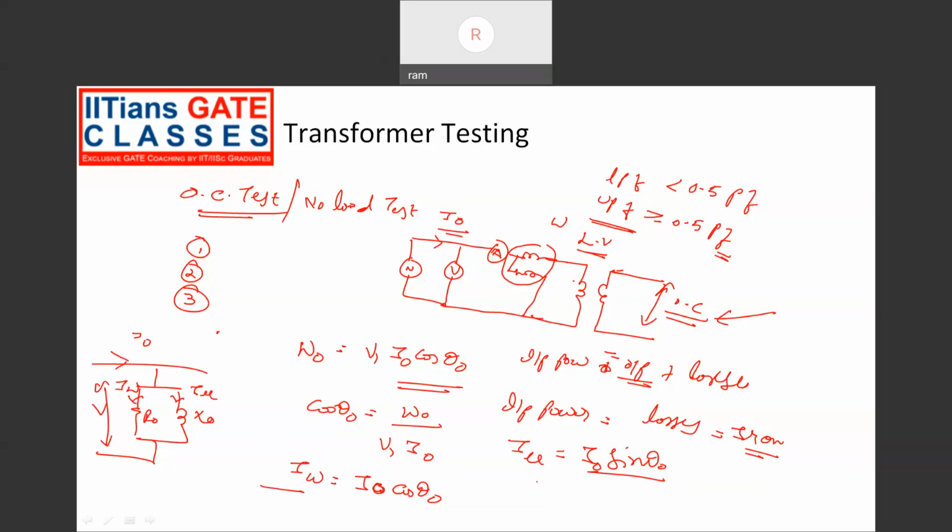Now we have IW and I mu, so the expression for R naught is V1 by IW, and similarly X naught is V1 by I mu. So we are able to find out the constant losses as well as the shunt branch parameters.